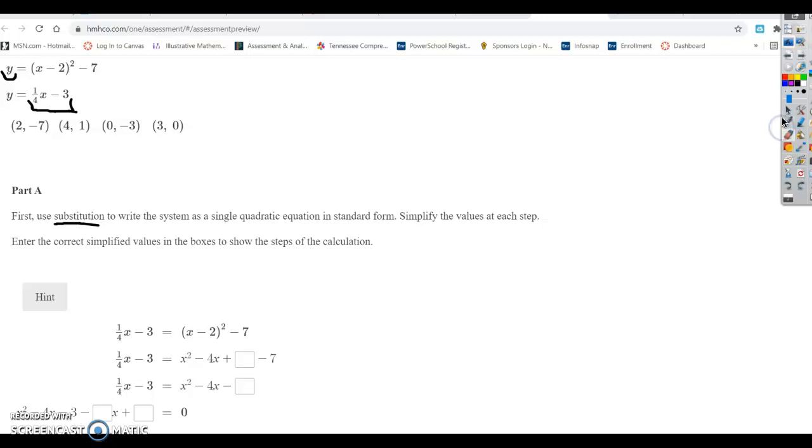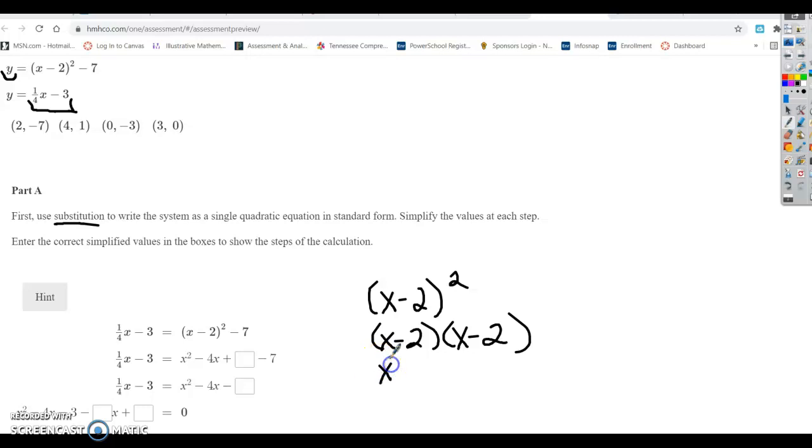Okay? All right, when they do that, what is x minus 2 quantity squared? That's a binomial squared, so remember you have to worry about the middle term. If you've got x minus 2 squared, that's what we're expanding right here. That's the same as x minus 2 times x minus 2. So that's a perfect square trinomial.